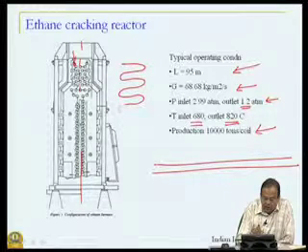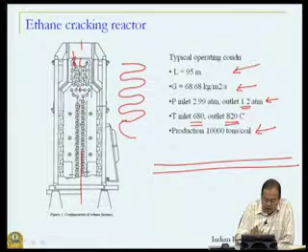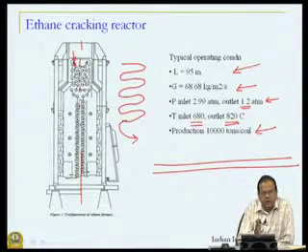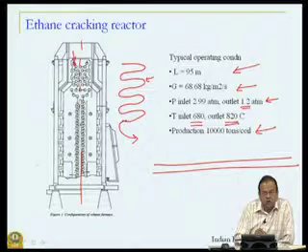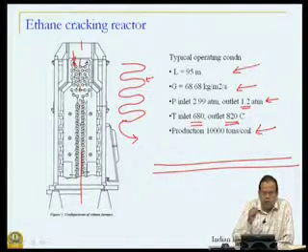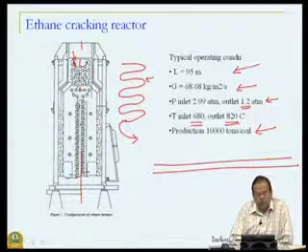So, it is not a straight tube, but a coiled tube with the outlet coming out over here. If you look at the side view, this is what you will see. This is how the entire length of the reactor is achieved. So, instead of having a single long tube, you have a coiled tube, and it is the same thing on both sides.